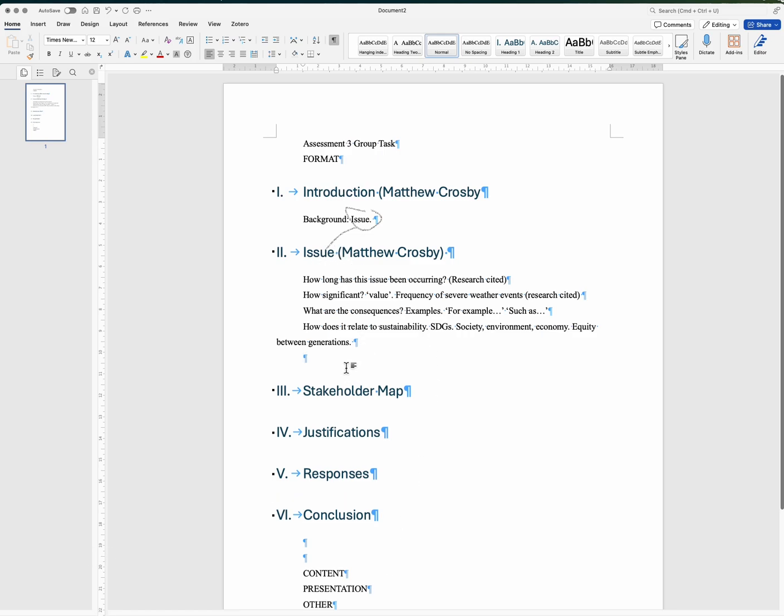Regarding the issue, of course, it's been a requirement for us to look at the corporate sustainability report. And from that report, you have chosen an issue. Well, what would be good is to have a comparison between the way that the company describes how it is dealing with the issue.